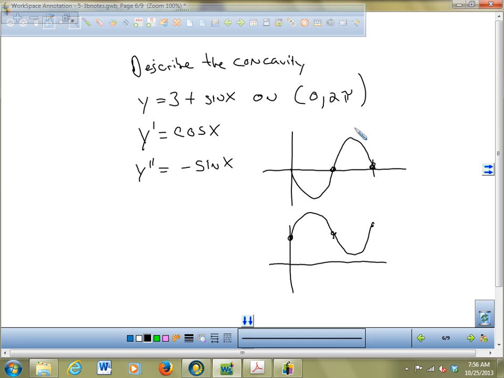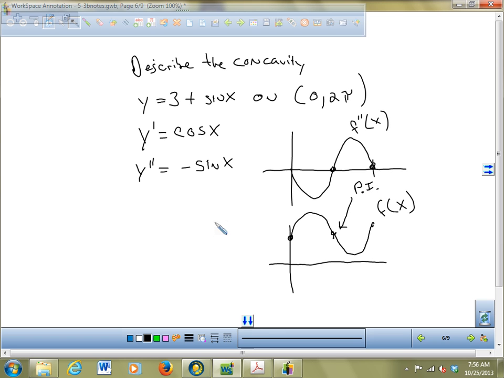This is f double prime of x, and this is f of x, okay? Does that make sense? See how the f double prime is negative? It's concave down, yes? Here, f double prime is positive, it's concave up. And this point right here is called a point of inflection.